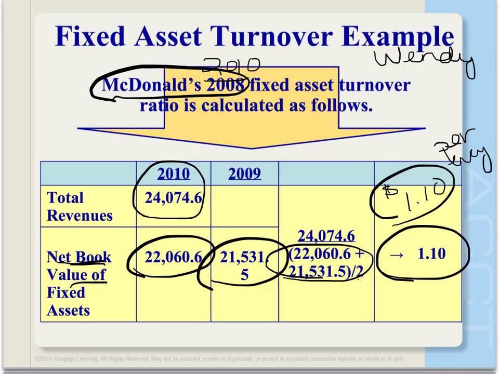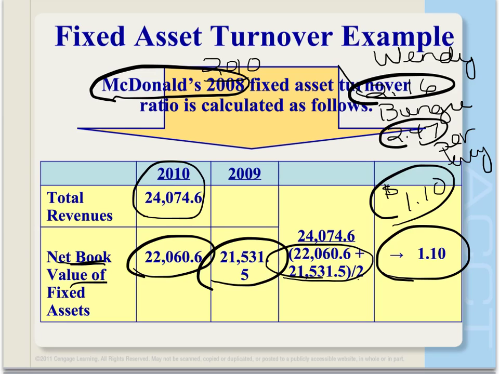Wendy's is 2.16. Burger King was 2.47. So what that means, for every dollar of revenue, Wendy's is getting $2.16. And for every dollar of revenue, Burger King is getting $2.47. So you can see that McDonald's trails behind its competitors in generating revenues from its fixed assets.